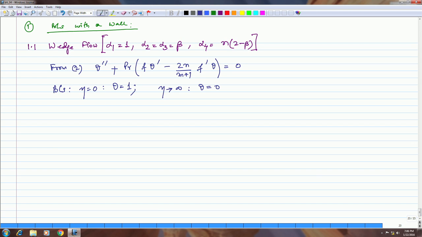In this case, we will write the velocity in terms of the local x coordinate and the boundary layer thickness, zeta to the power 1 minus m by 2.